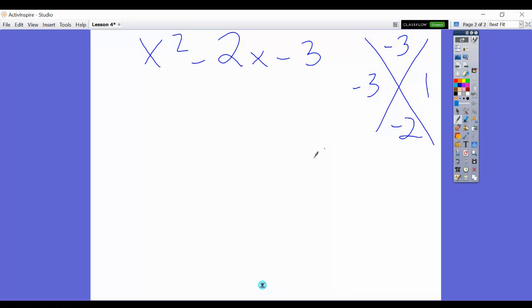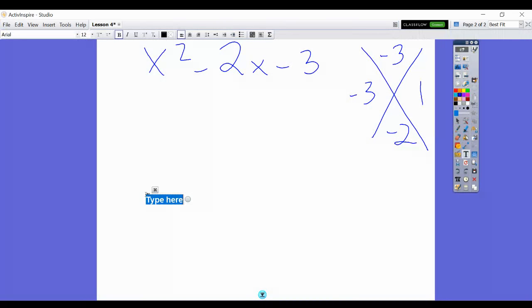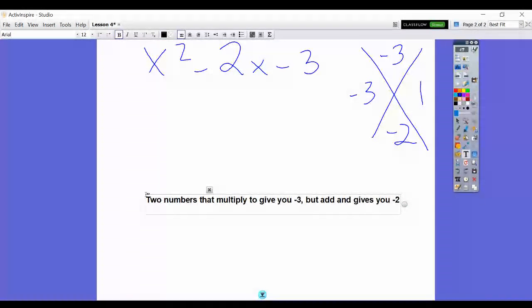So let's type that in. Two numbers that multiply to give you -3, but add to give you -2. So those are those two numbers right there off to the side.